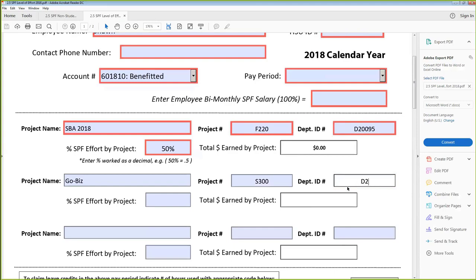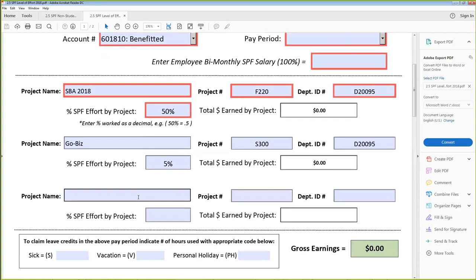D295, and we could say 0.05 of my time went to GoBiz, and I could do a third option of, oh, I don't know, a different cash match option, and I could type that in if maybe it's a local grant that we have, and so that would be a way to represent that.